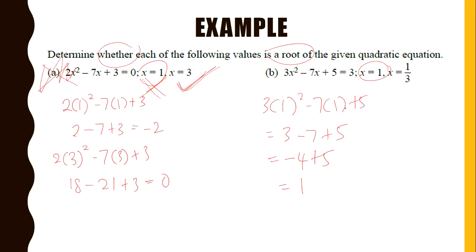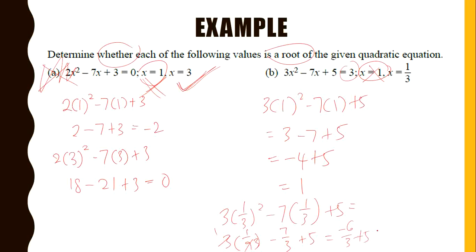Okay, kalau yang ni pula, masukkan 1, sepatutnya dia nak jadi 3 kan. So, kita dapat 1 juga. So, yang ni salah. Okay, kita try substitute 1/3 pula. 3, 1/3 square minus 7, 1/3 plus 5. So, kita akan dapat 3, 1/9 minus 7/3 plus 5. 1/3 minus 7/3 will be negative 6/3 plus 5.